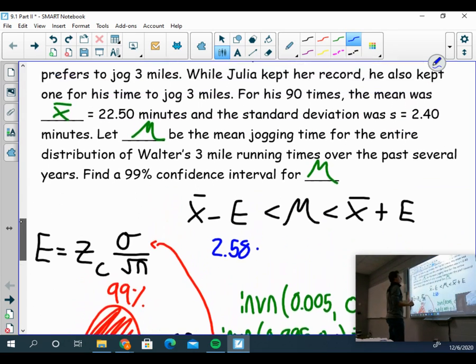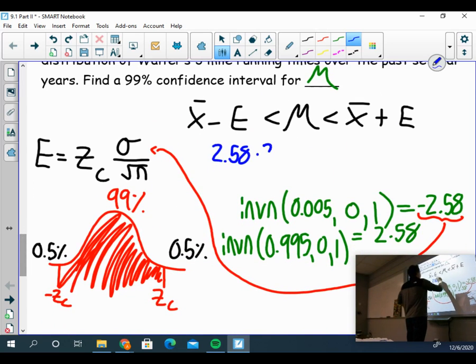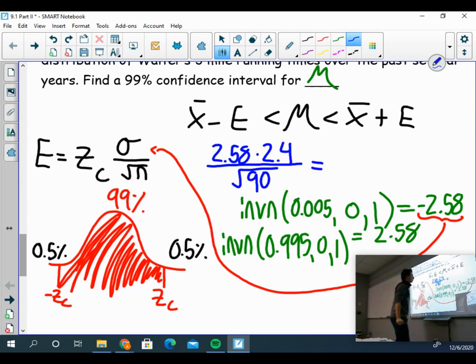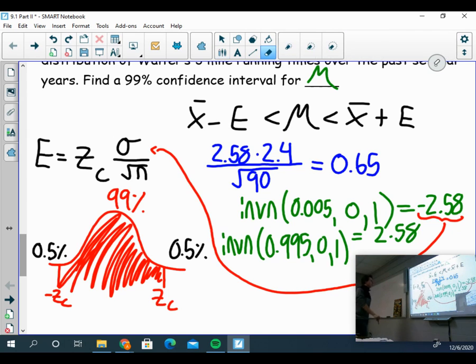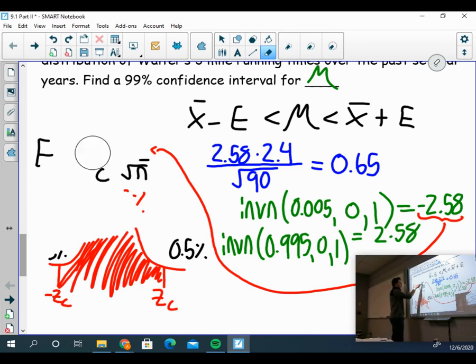The standard deviation for Walter's data was 2.4, and we're going to divide it by the square root of his sample size, which was 90 runs. And when we do this, we get 0.65. Again, pause the video if you're still catching up, because I've got to erase.